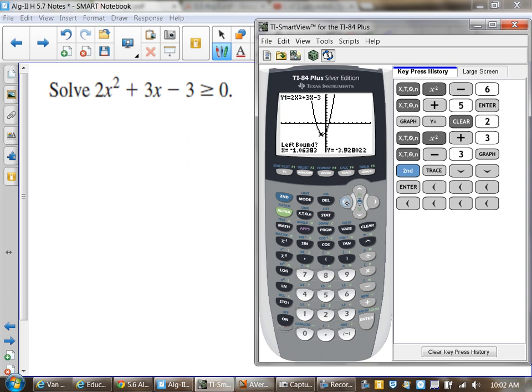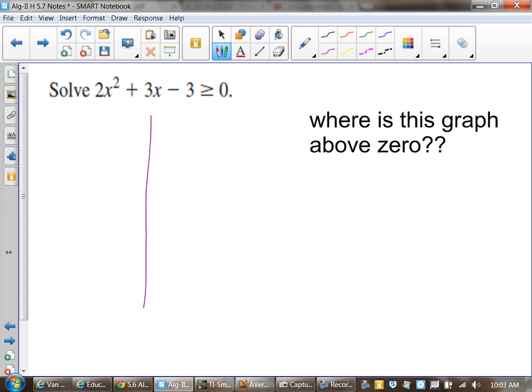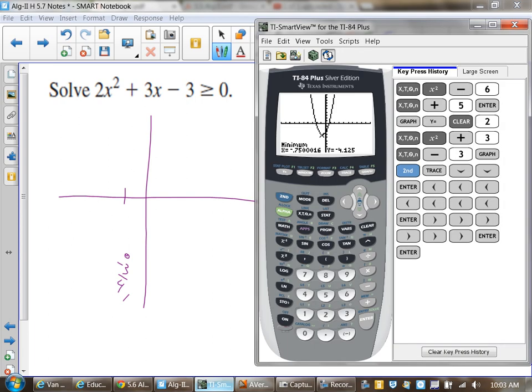It's a strange one. That's all right. Negative 0.75. What is that? 3/4, isn't it? So that's at negative 3/4. And what was the other one? 4.125, which is 4 1/8.